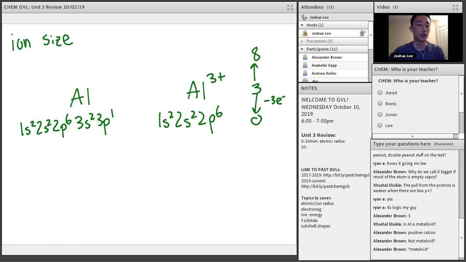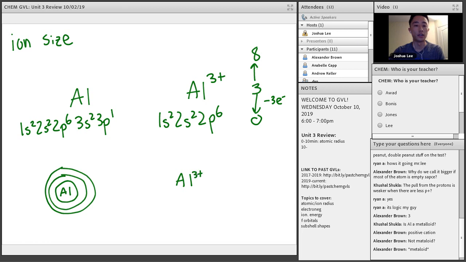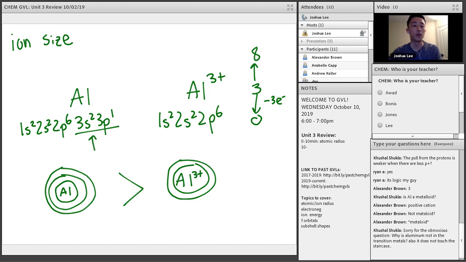So if you think about it, the aluminum atom will have the 1s, 2s, and 3s, all the way to 3p. And then the aluminum ion, however, is just going to go 1s, 2s, meaning the aluminum atom is going to be bigger because it goes all the way to that third energy level, whereas the aluminum ion only goes up to the second energy level.